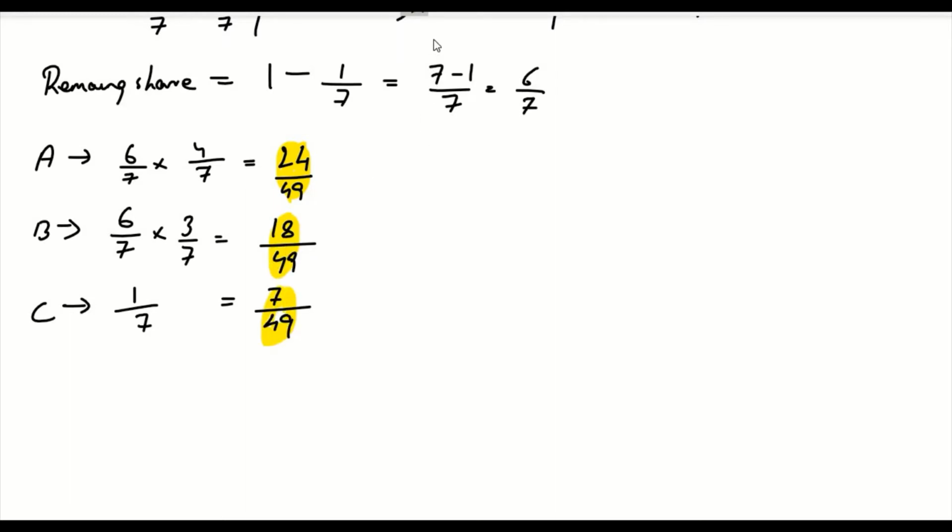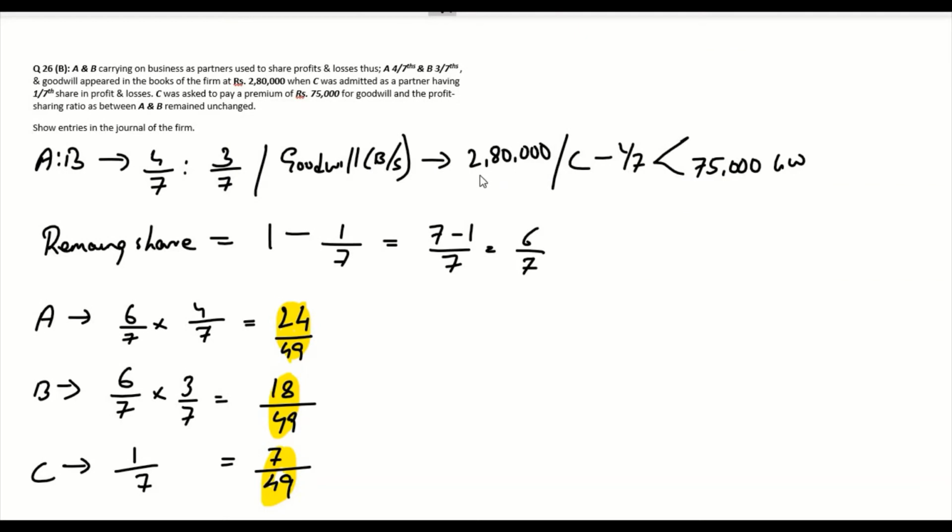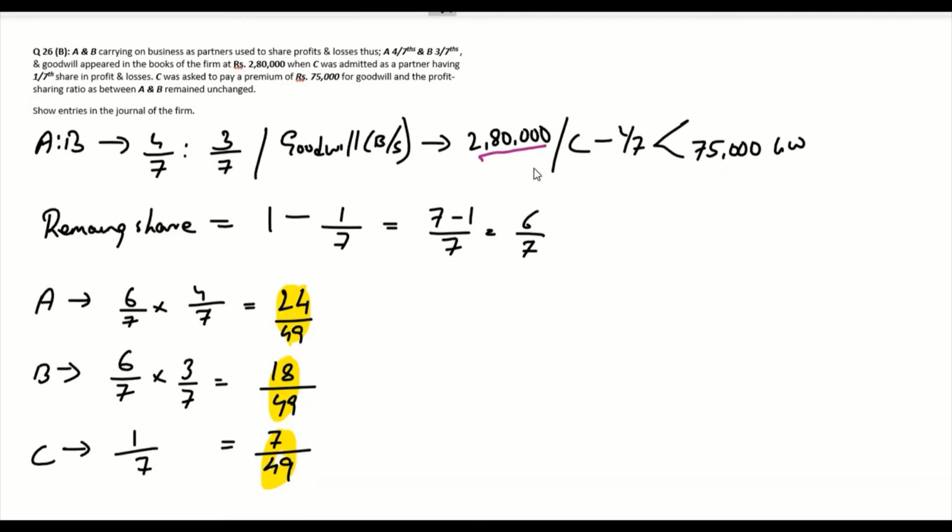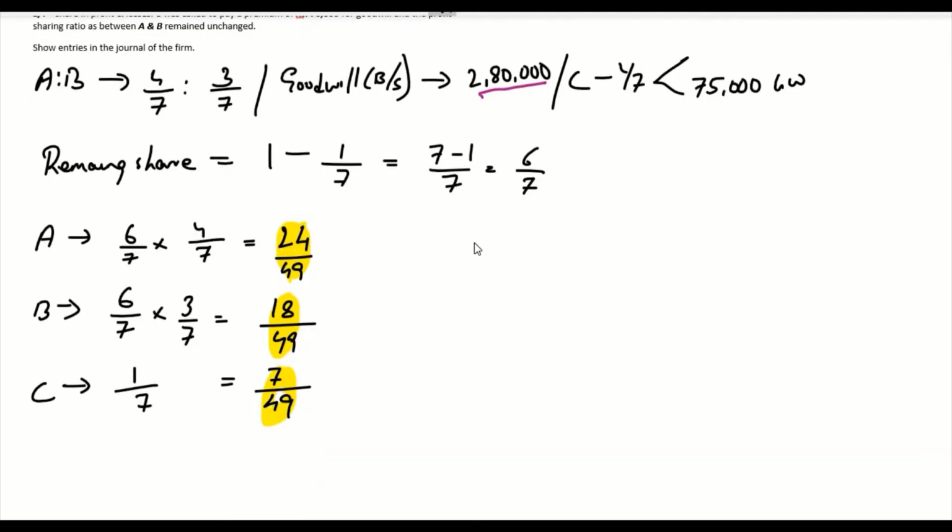Now let's look into the journal entry. First, there is an existing goodwill in the firm which is 2,80,000. So we want to write it off. How will we write it off? We will write it off to the existing partners.